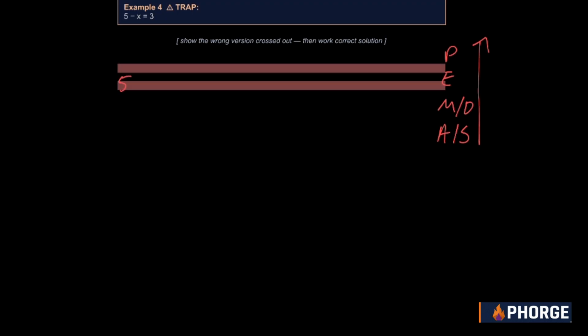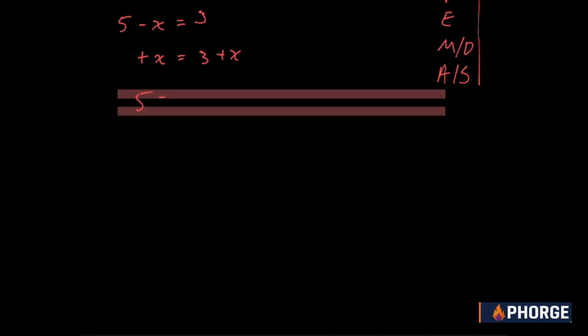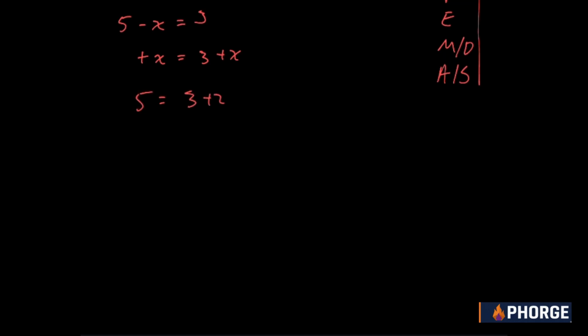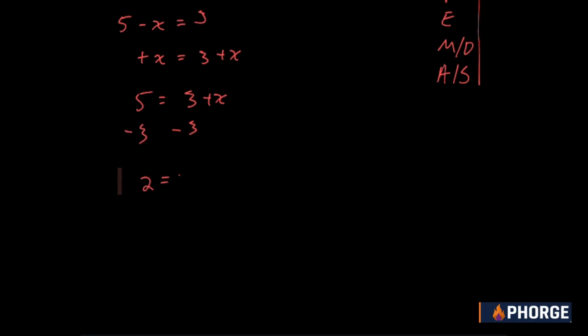So we have 5 minus x equal to 3. What we need to do is add x to both sides to get 3 plus x. And so we have 5 is equal to 3 plus x. Now we need to subtract 3 from both sides, and now we're looking at 2 equal to x.